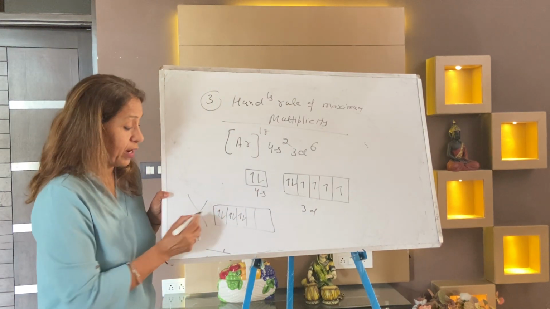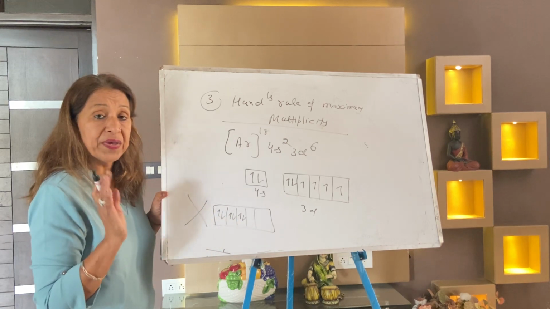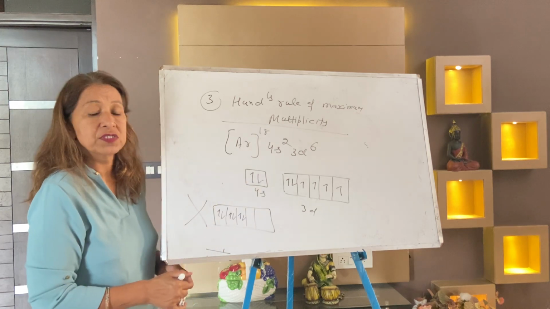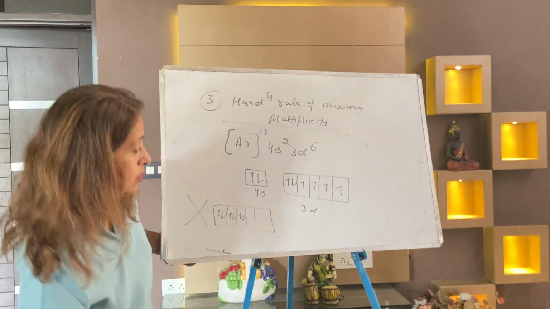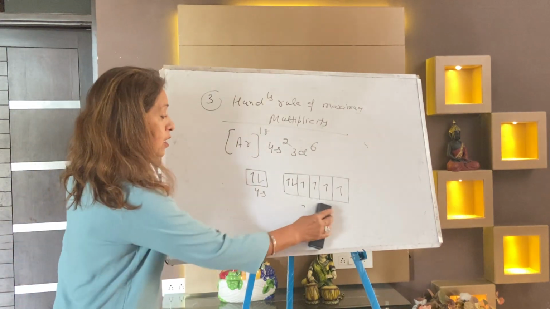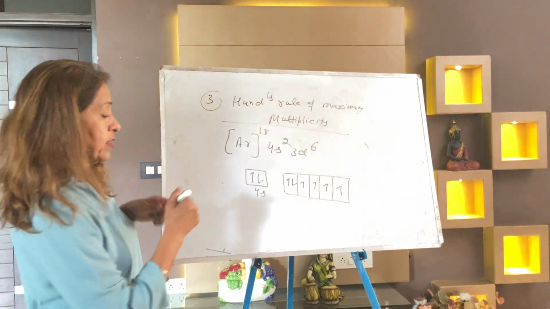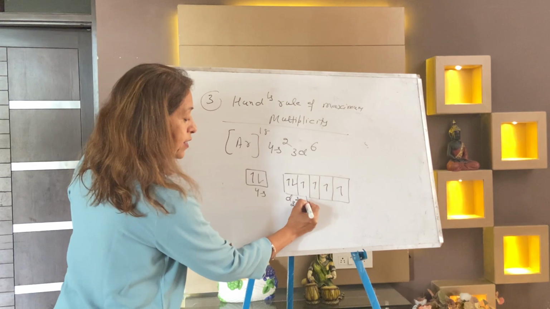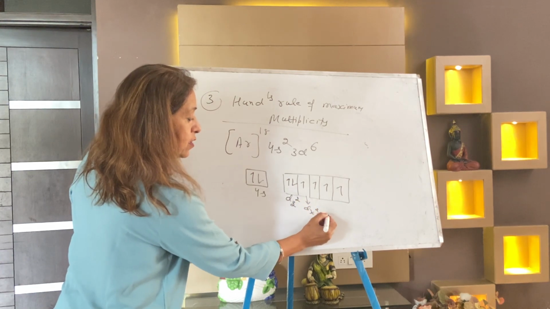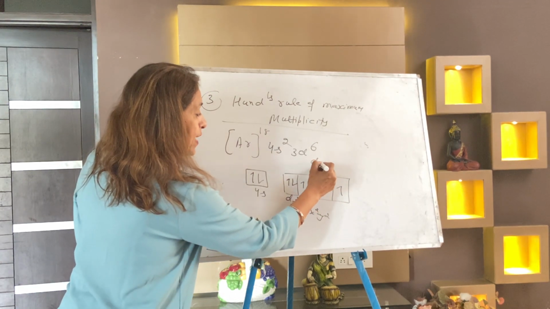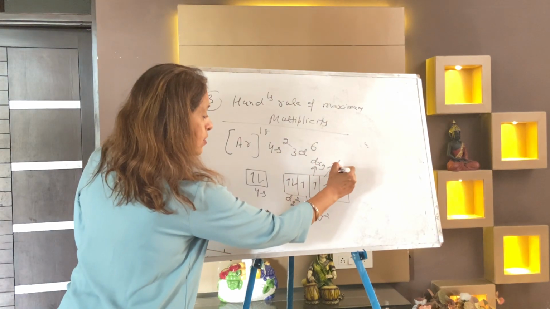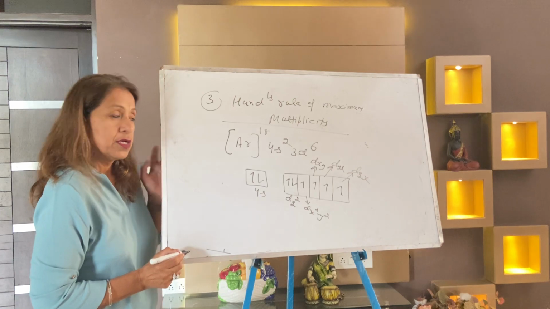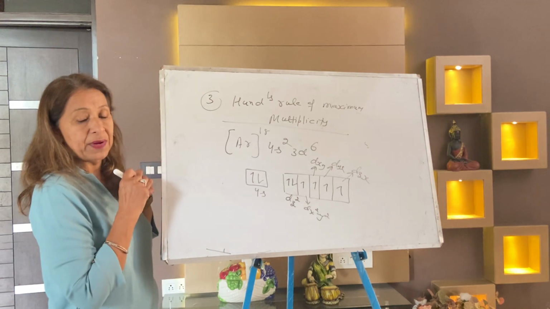You can't fill the electrons like this. No pairing is allowed until each orbital of the same energy gets partially filled. The five d orbitals are dz square, dx square minus y square, dxy, dyz and dzx. In this way Hund's rule is applied.